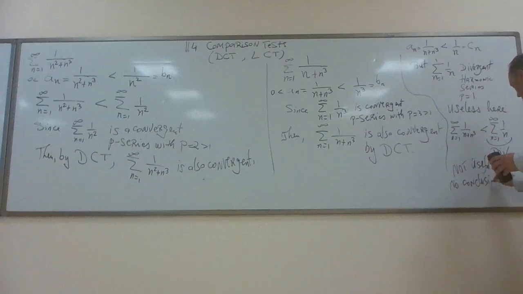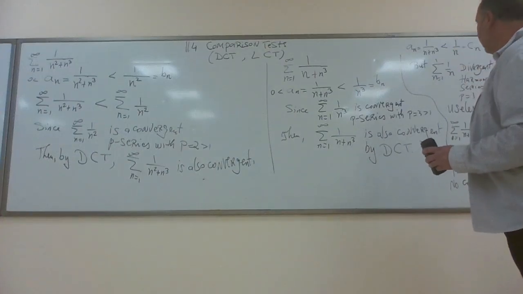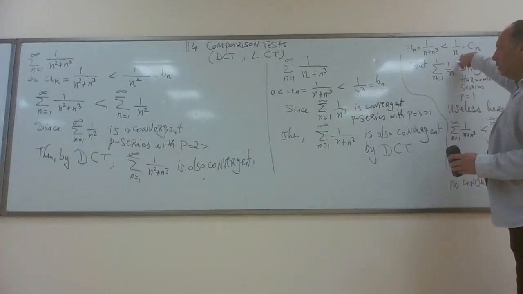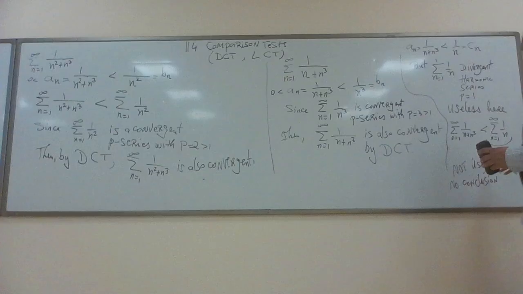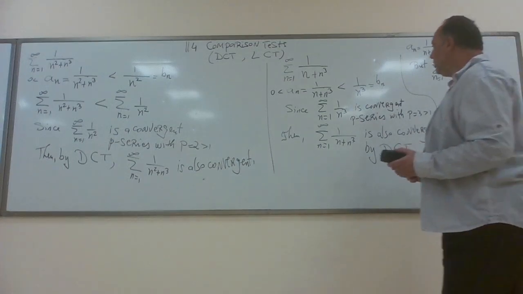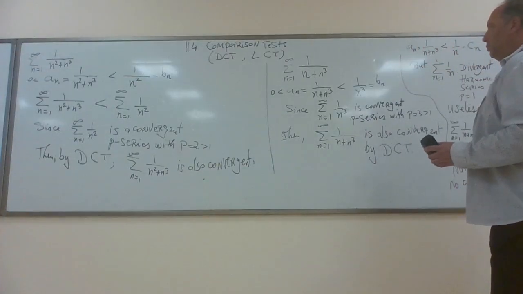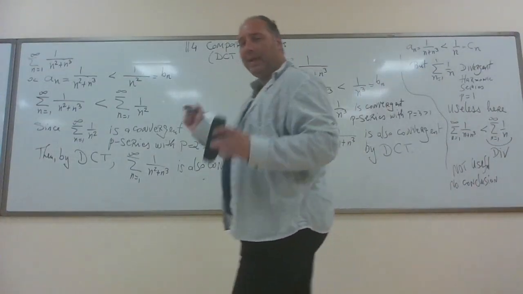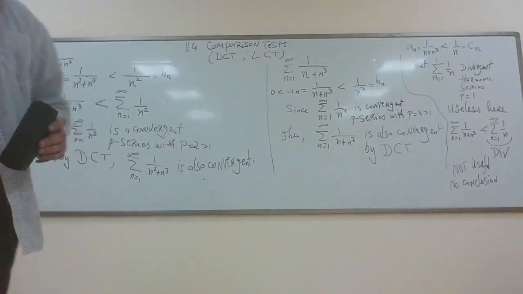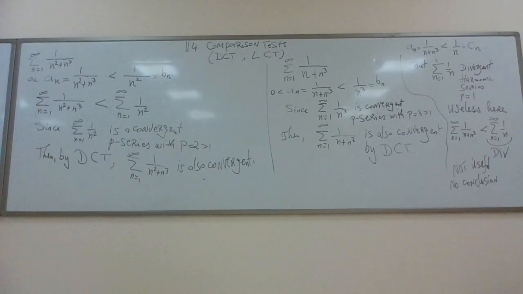So no conclusion here. So that's why the choice that we make is important. If we make a bad choice, we will maybe get a divergent series, so bigger series is divergent. We cannot conclude anything about the smaller series. So we need to be strategic a little bit, try to recognize things in the expression. So we cannot just blindly write things because it's not really helping.